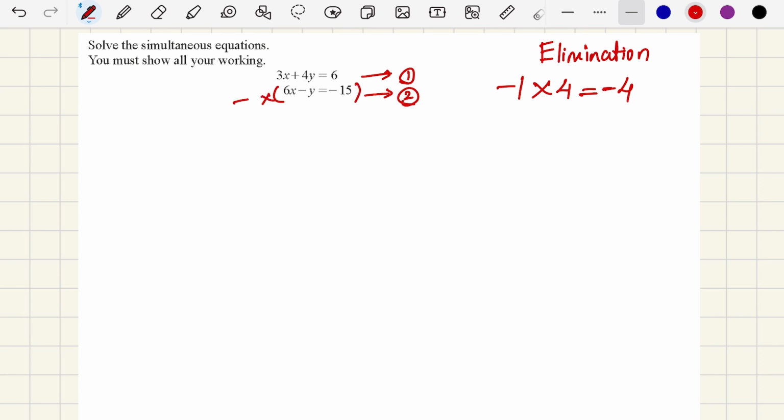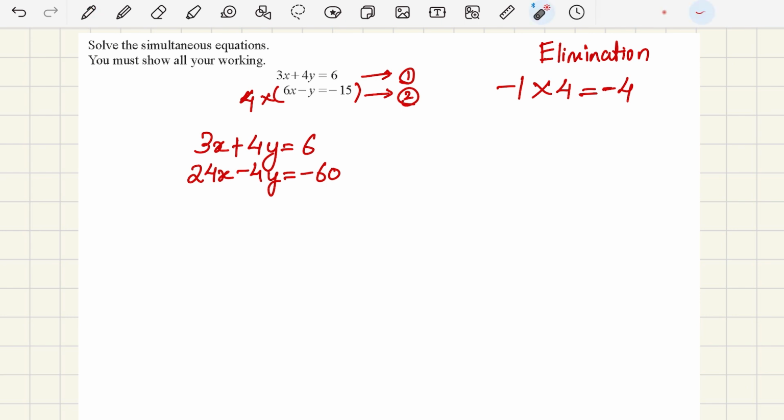I'll start by multiplying the second equation by 4. Now here 3x plus 4y equals 6. The second equation will become 24x minus 4y equals negative 60. Now look at the signs of both equations. The coefficient in the first equation is plus 4 and the coefficient in the second equation is negative 4.